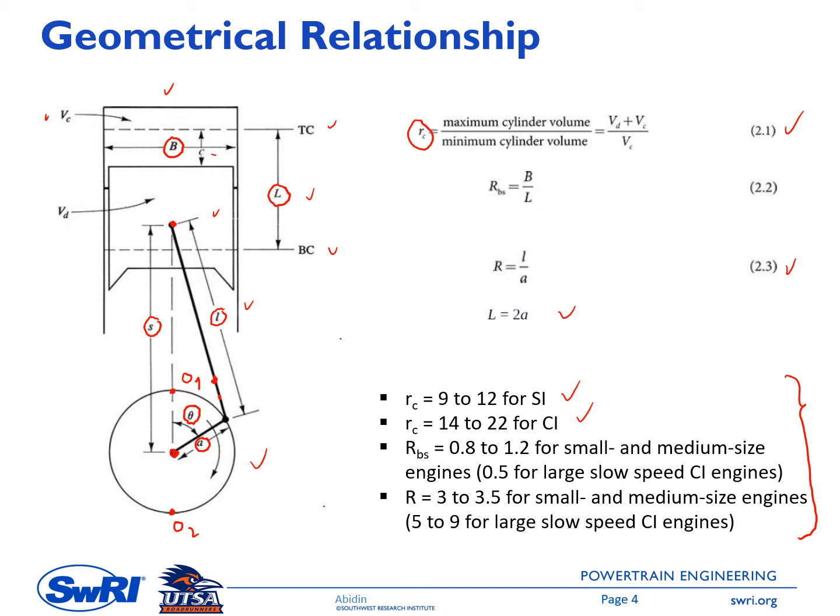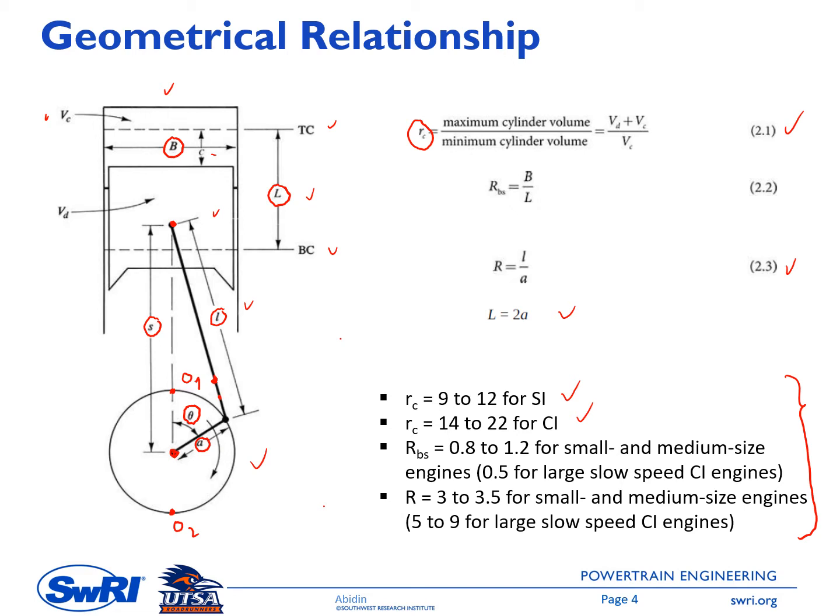So if we have a larger stroke, we need to reduce the engine speed to maintain the same piston speed. Therefore you will see the trend that larger engines have a lower engine speed. The reason is that we need to control the piston speed to avoid intake choking. We'll learn this in more detail in chapter 6.